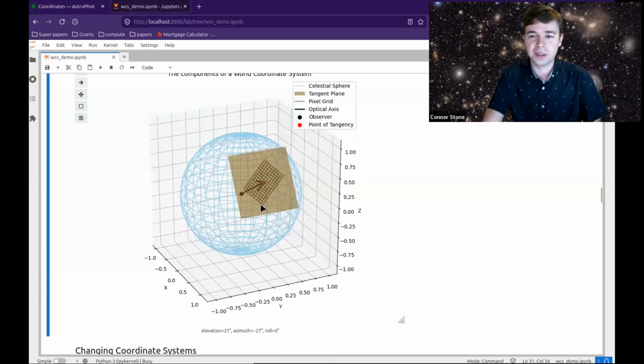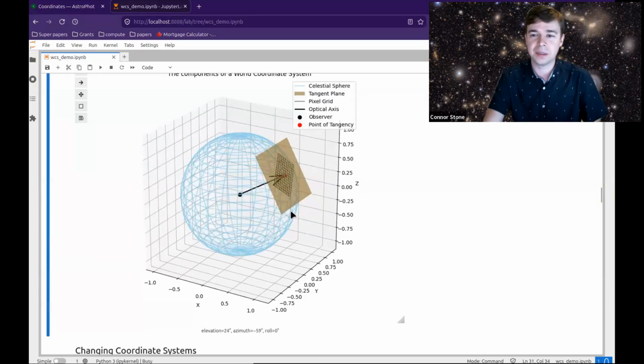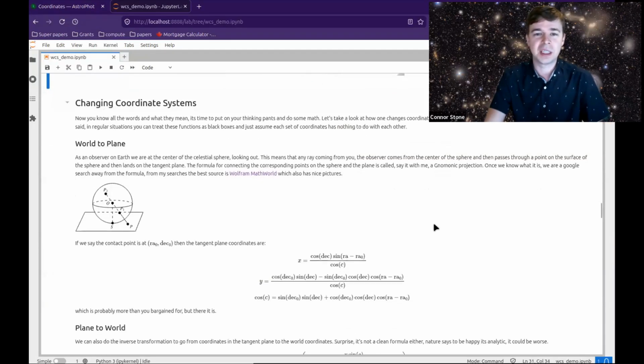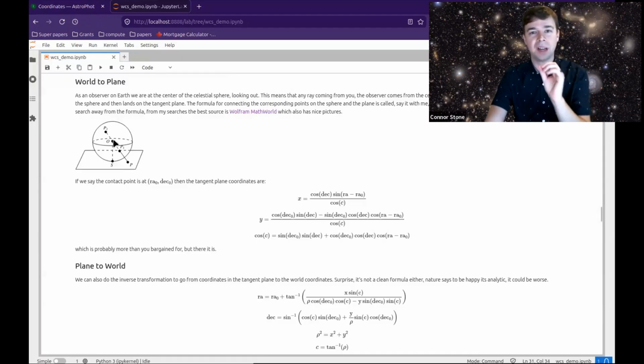Okay, so that gives you a visualization of where all of these three coordinate systems live relative to each other. Let's talk a little bit about converting between these coordinate systems. You shouldn't need these calculations, but it's just good to know. Like I said, to go from the world coordinates, the RA Dec, to your tangent plane coordinates, you use a gnomonic projection. So the observer is at the center of the sphere.